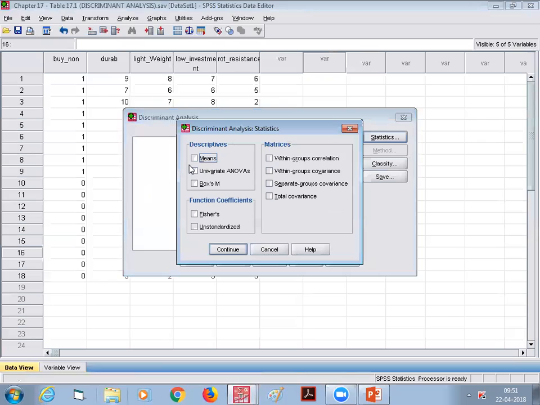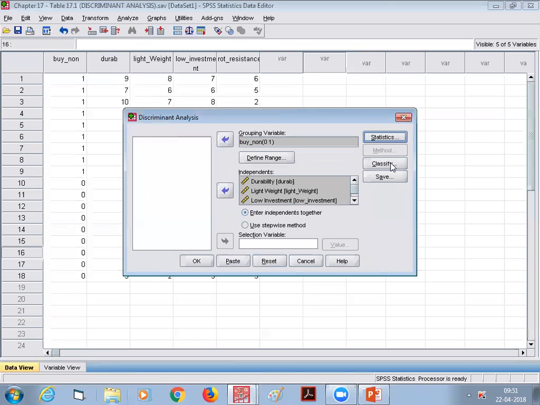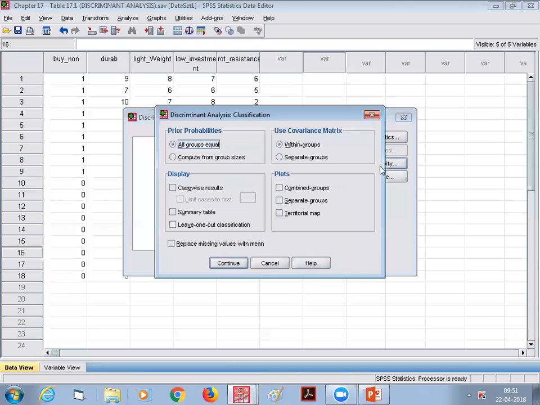Basic statistics: if you want the mean value of each, like durability, and the standard deviation, you can highlight this one. Then univariate ANOVA, if you want, you can highlight this one. Okay, let me check that one. Continue. Then classify. Leave-one-out classification, and the summary table I wanted.